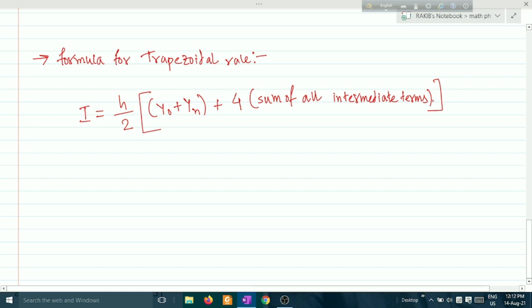This is the trapezoidal rule. We will be discussing a problem at the very end of this lecture, and I think all things will be cleared.